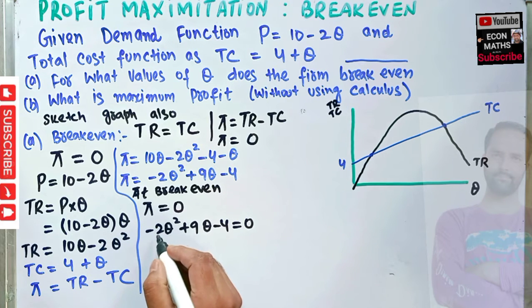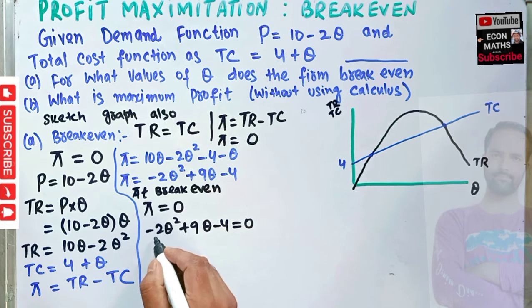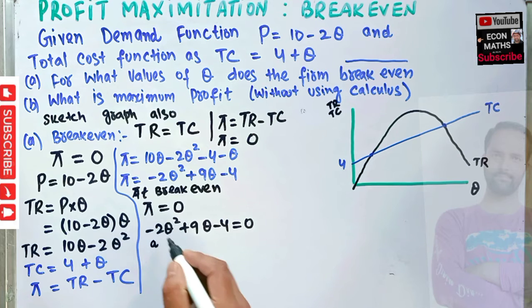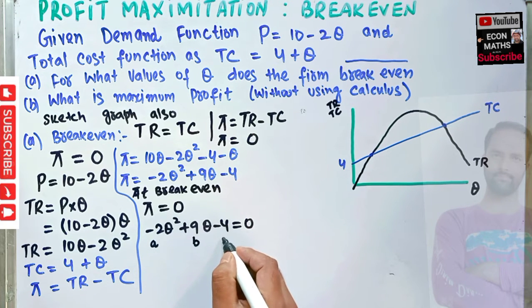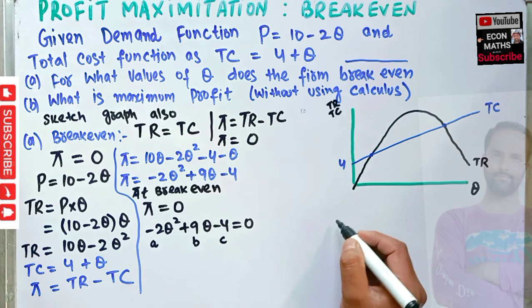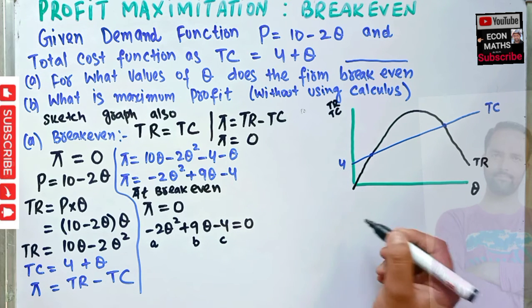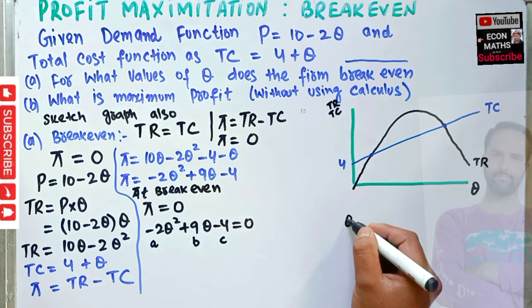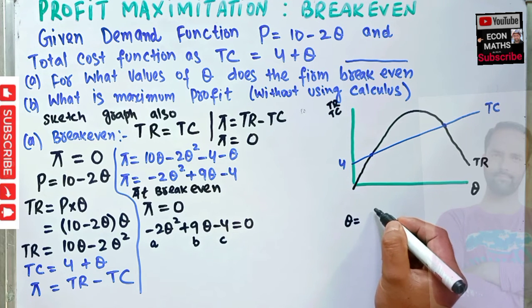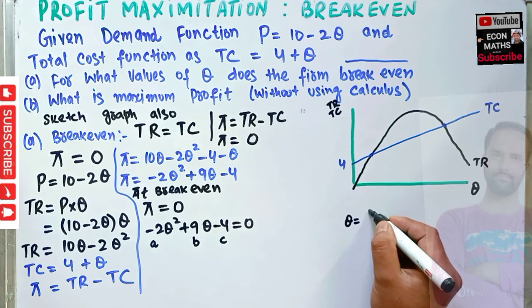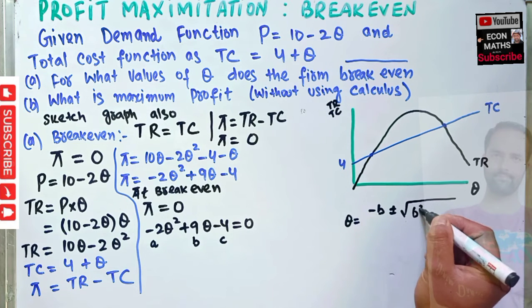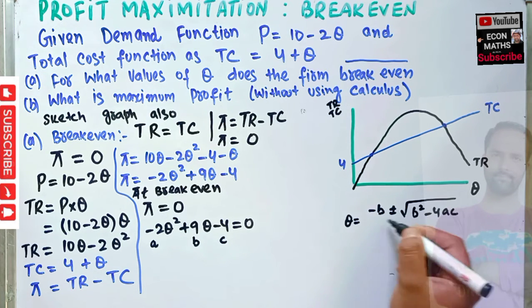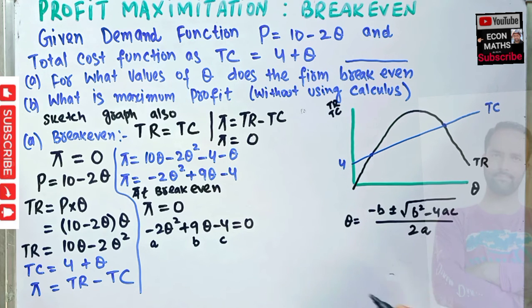Let us say the coefficient of Q square is a, coefficient of Q is b, and constant term is c. Then what is our formula? Q is equal to, the quadratic formula is simply minus b plus minus square root of b square minus 4ac, divided by 2a. Just give the variables their values.